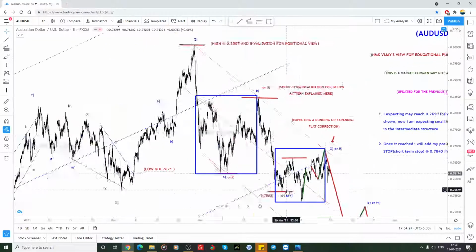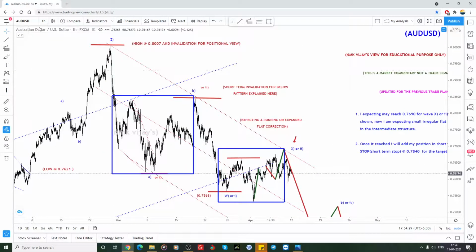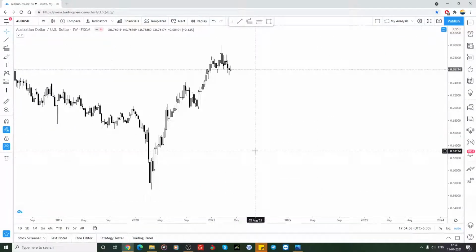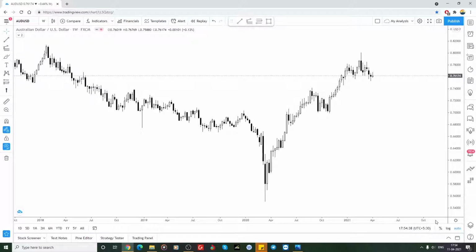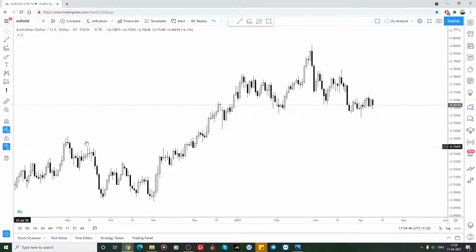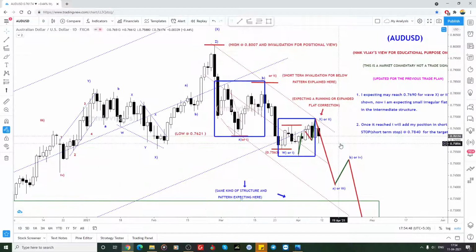I have already posted that, but in the weekly it looks like there is a lot of buying pressure sitting here. So what I'm personally expecting is that a slightly deeper pullback can happen.